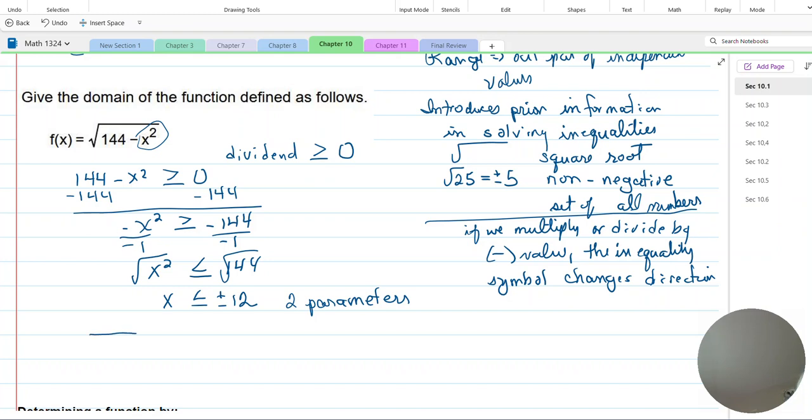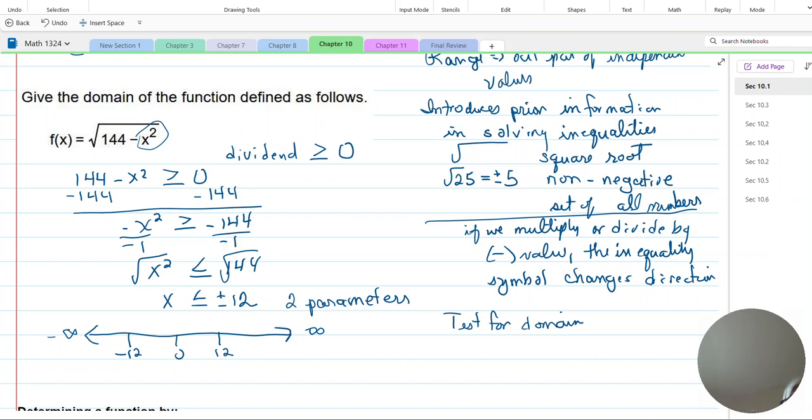So this brings about the concept of the number line. We know here is negative infinity, and here is positive infinity. And if this is 0, we'll say this is negative 12, and this is positive 12. So we're going to now test our domain.